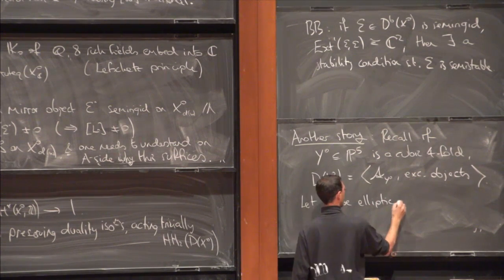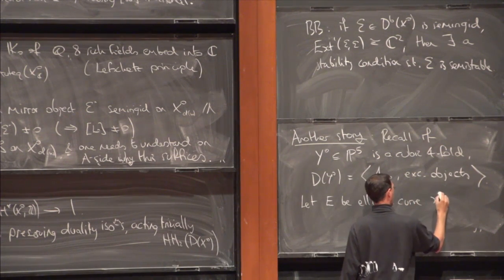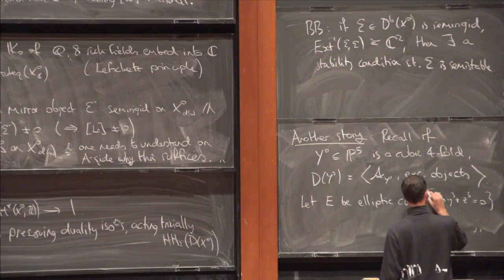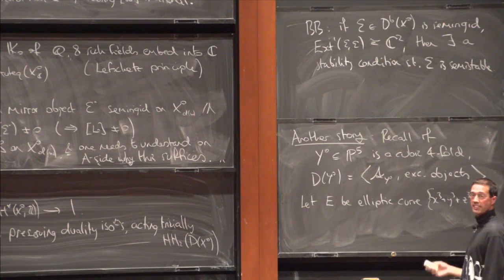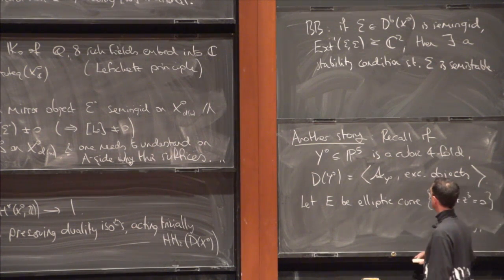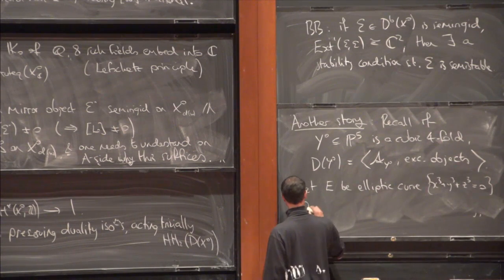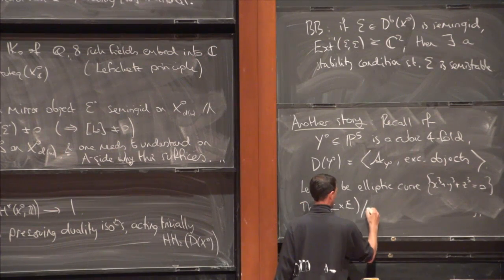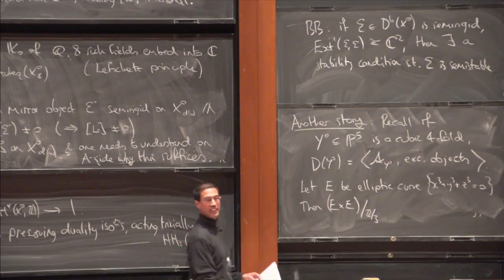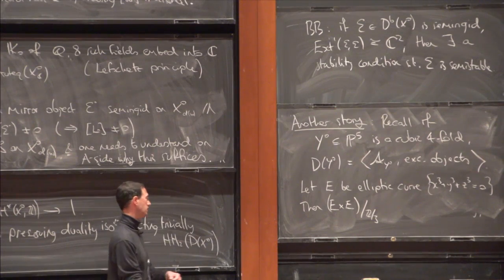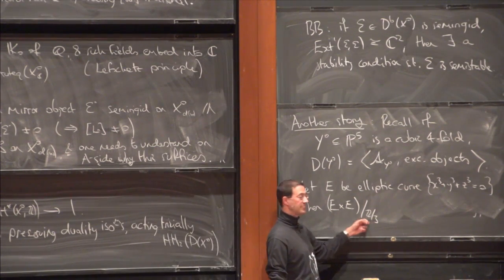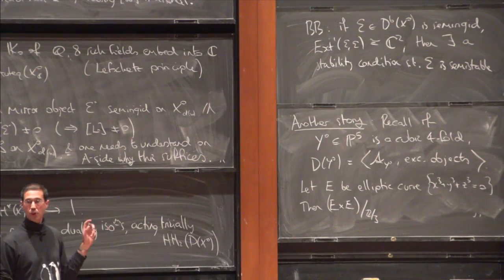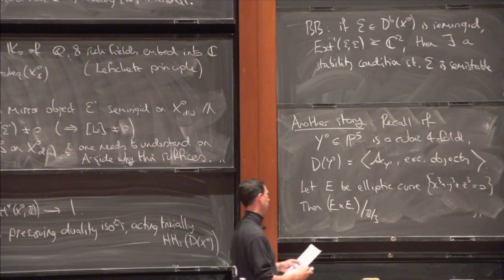So let E be the Fermat elliptic curve, the plane curve which has an interesting Z mod 3 action. Then E cross E obviously has a Z mod 3 times Z mod 3 action, and I can look at the anti-diagonal action which rotates the two copies oppositely, so preserves the holomorphic 2-form on the product.